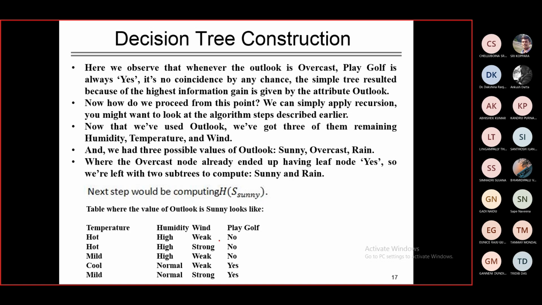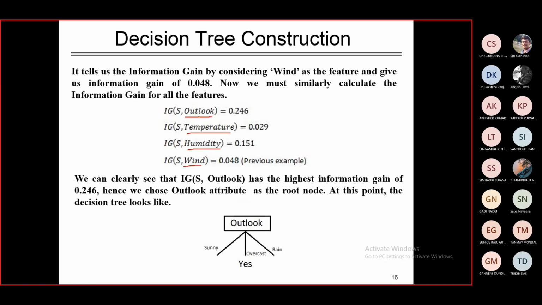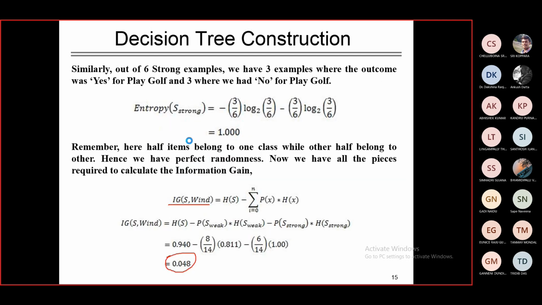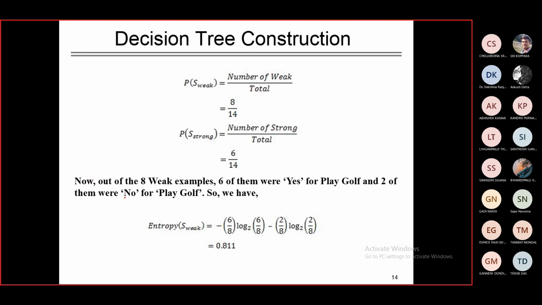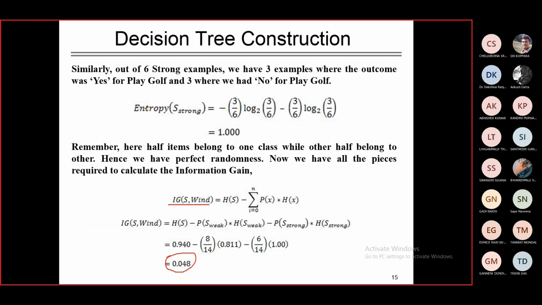Recursion means that since we have got outlook as the root node, we will remove this outlook attribute from the data set, and the remaining data set we will use for computing the information gain for the remaining attributes.